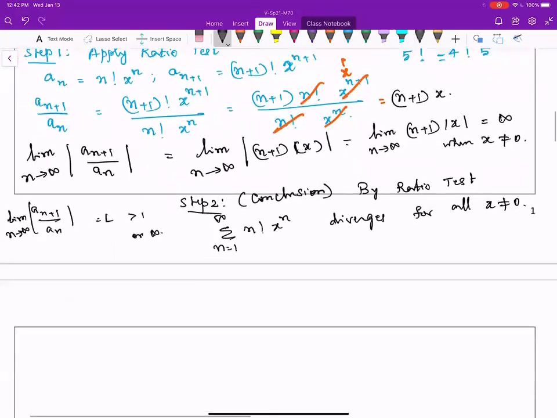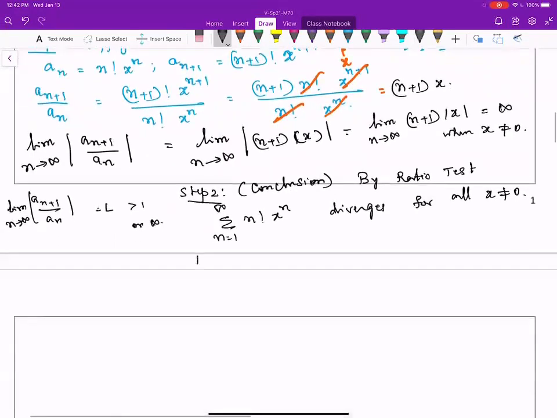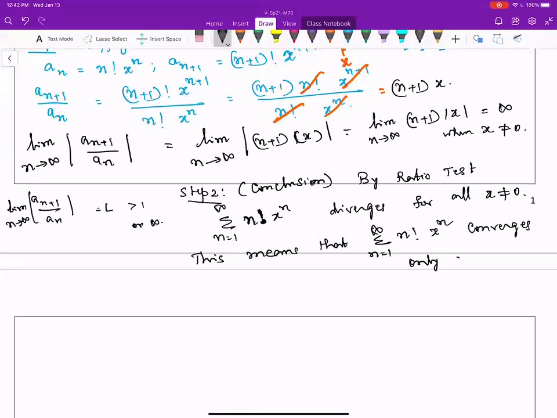So where does it converge? This means that it converges only at x equal to 0.